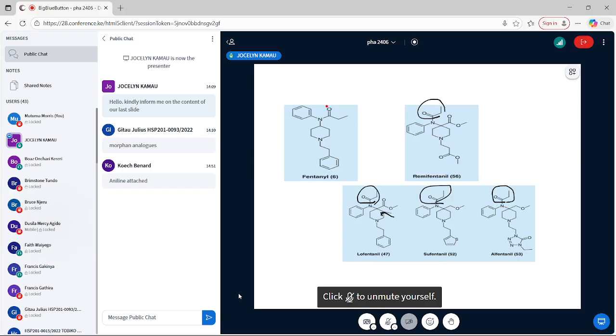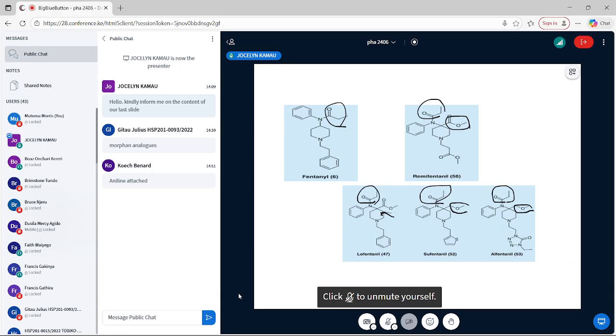Now the group that changes is the group that is attached on the piperidine ring. You can see there it is an ester, there it's a ketone, there it is a hydrogen. You can see here also, this is an ether, that is also an ether. So kindly note, it is a group joined on position 4 of the piperidine ring that changes. The group that is joined on the nitrogen remains a constant for all the compounds.